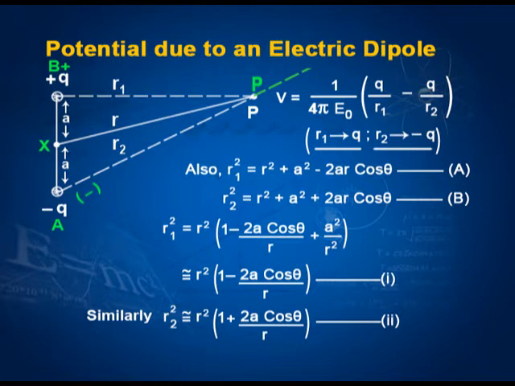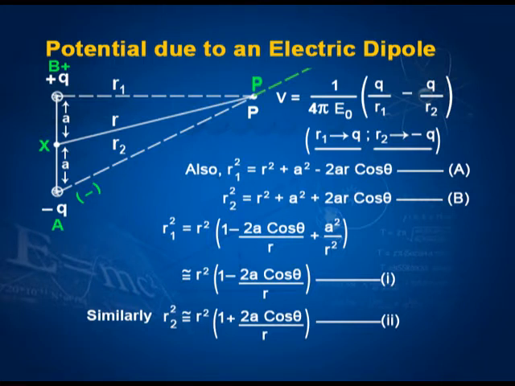The minus sign is gone, and I will have 1 by 4 pi epsilon naught times q by r2, where r1 is the distance between the charge at point B and the point P, and r2 is the distance between point A and point P.